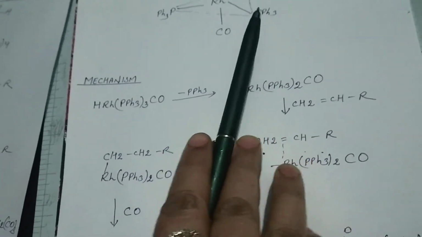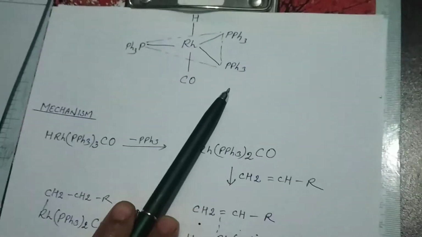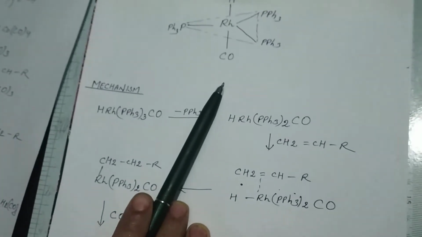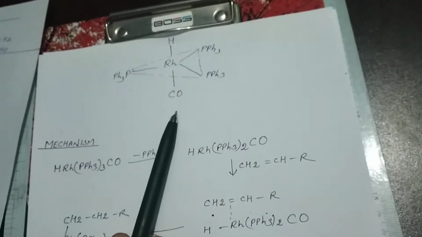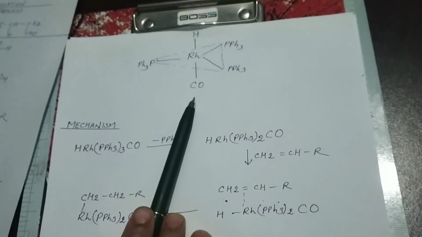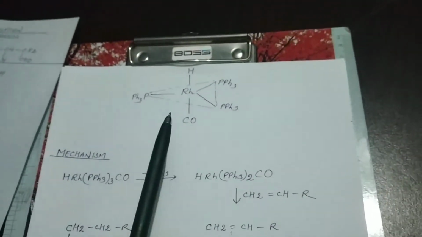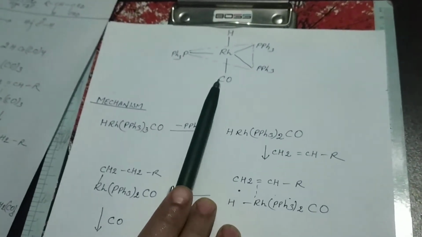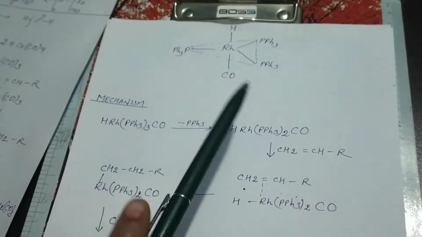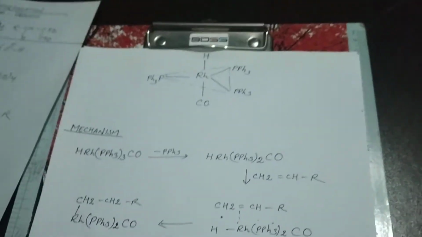It reduces the temperature as well as the pressure. That means the reaction will proceed at low temperature and pressure, and it increases the yield, that is the product, and reduces the byproducts, that is waste material like alkane, alcohol or ketone.